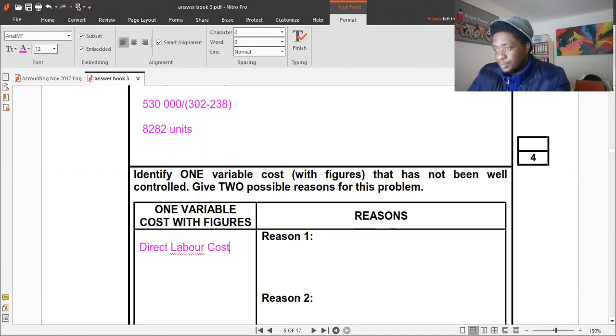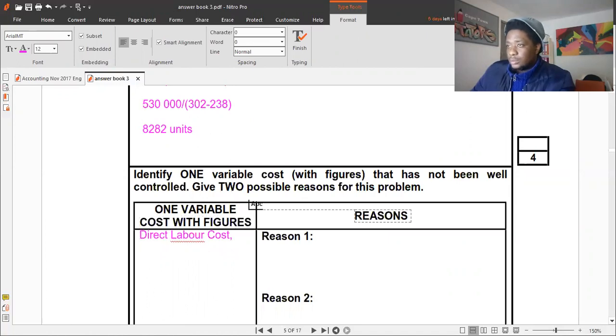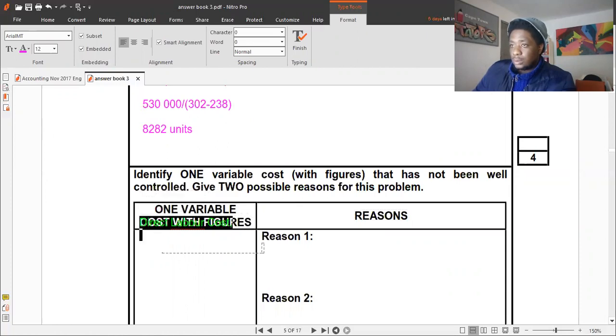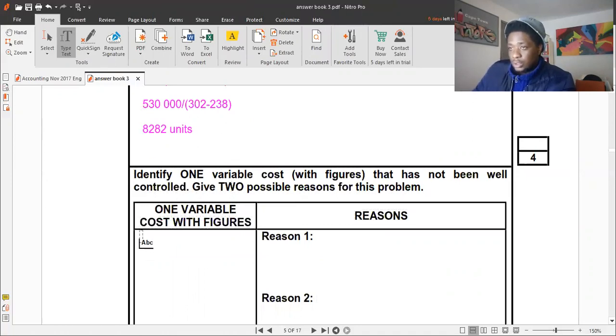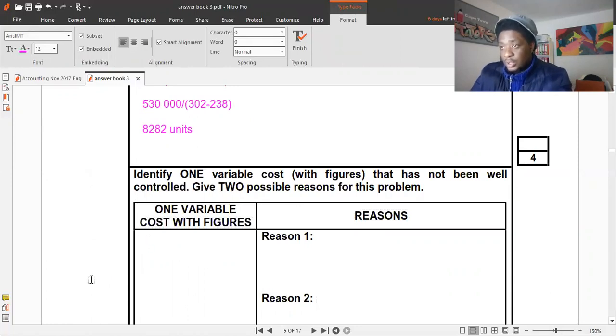So to answer this question, the variable will be the direct labor cost, and I'm going to say it increased from 100 Rand to 131, an increase of 31%.